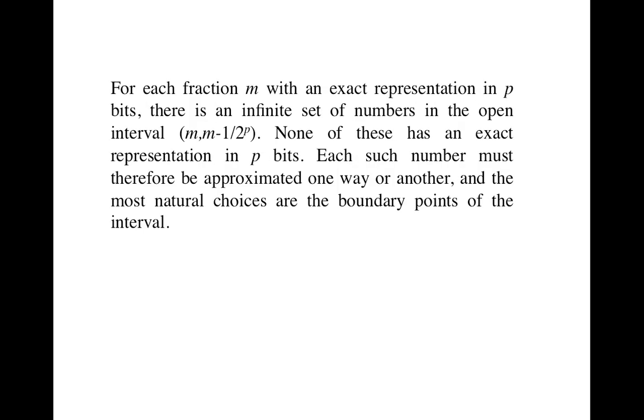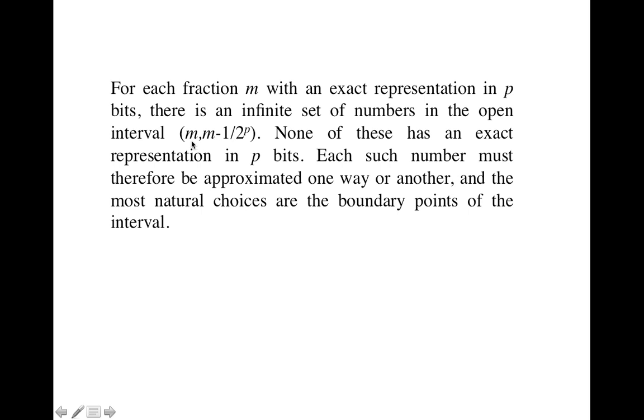Now, there's one other issue that we have to deal with, something we talked about already, and it's the notion of truncation and rounding. When we talk about numbers with a certain number of bits, like p bits, and take an arbitrary number m, we could think of any number between m and a number a little less than m, just the next number to it, because this is the smallest we can write.